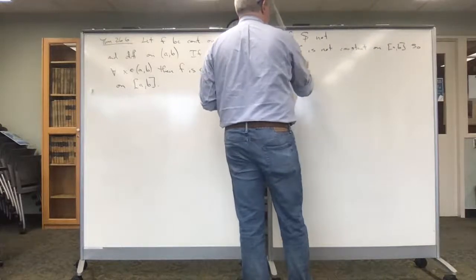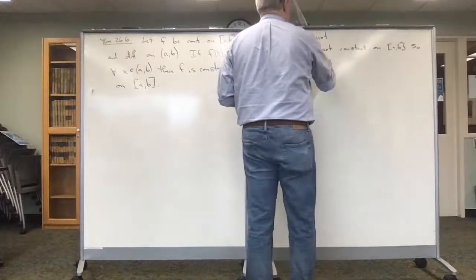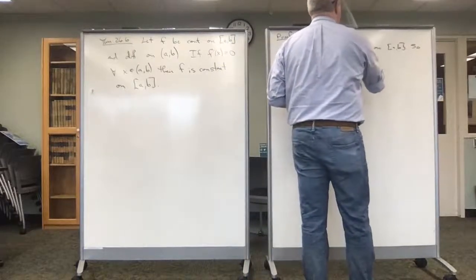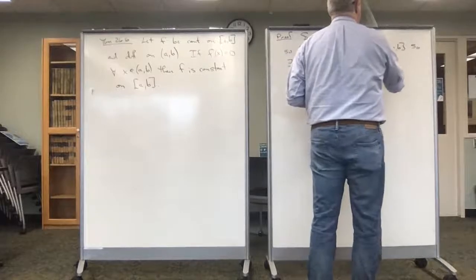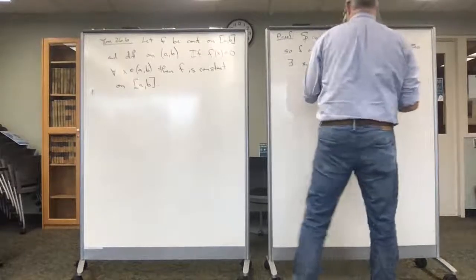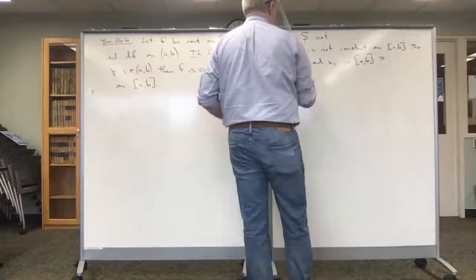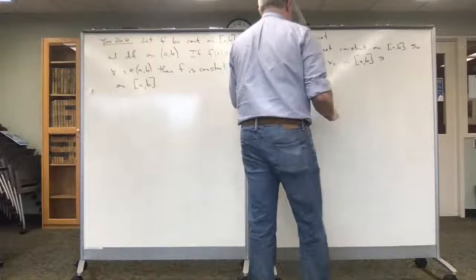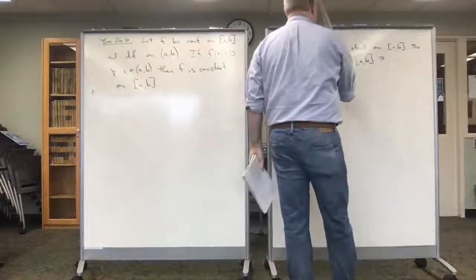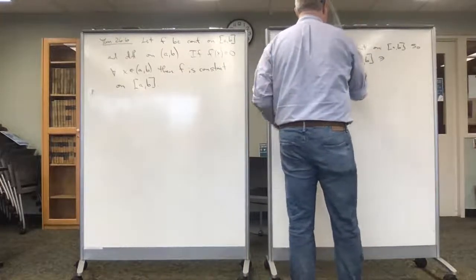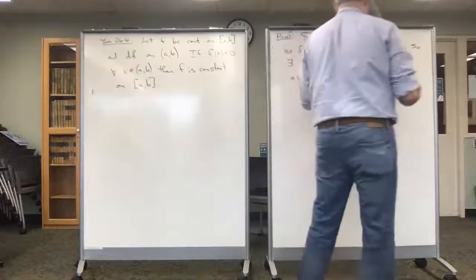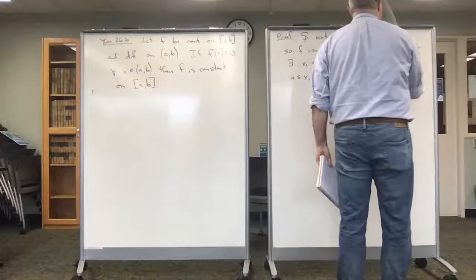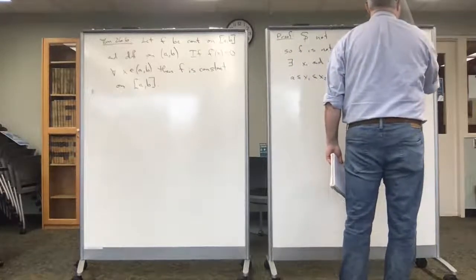So there exist x1 and x2 in [a, b] such that a ≤ x1 ≤ x2 ≤ b such that f of x1 is not the same as f of x2.